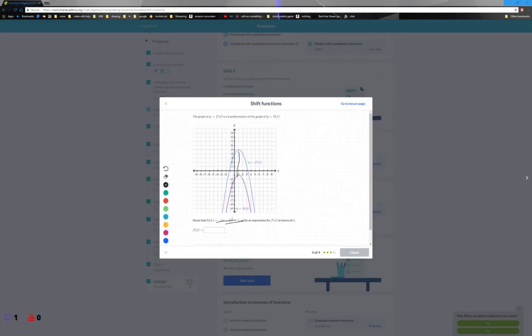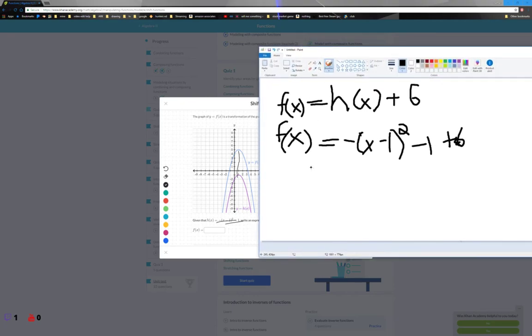So we'll take f of x equals x squared minus 2x plus 1, all in parentheses with a negative in front. And then we'll figure out this last part, 6 minus 1, which is 5, plus 5.